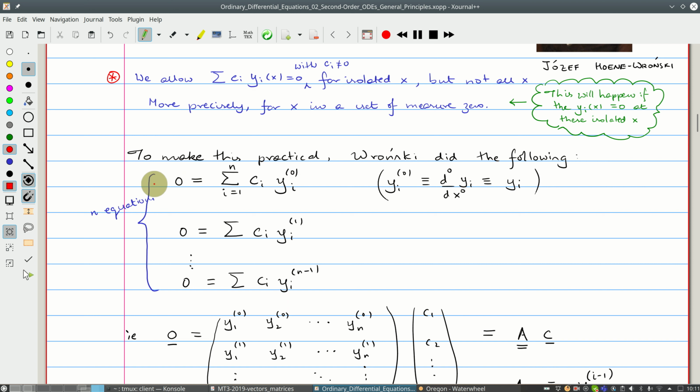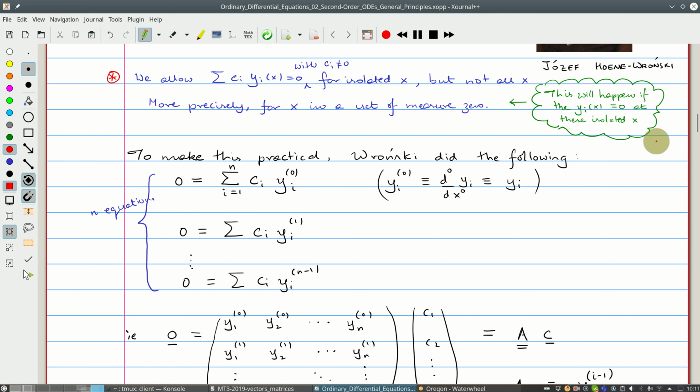So this is the first term. Then we differentiate the entire expression once with respect to x. You'll get the first derivative of the yi's now appearing here. And keep on doing this till you've differentiated it n minus 1 times. So now we've got n equations.